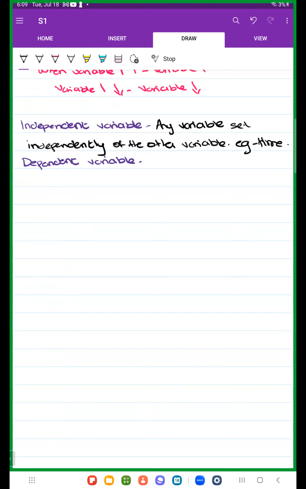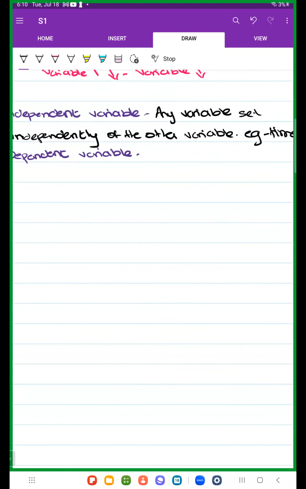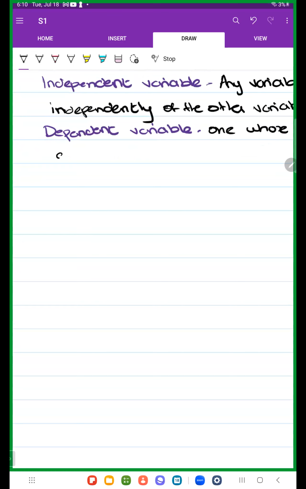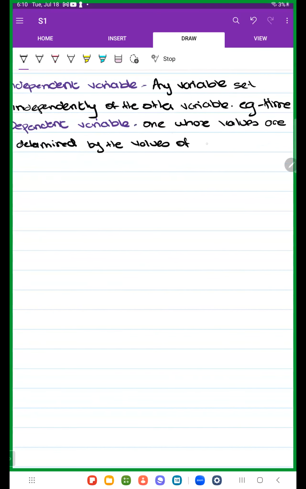So it is an independent variable. A dependent variable is one whose values are determined by the values of the IV. IV is the independent variable, all right?